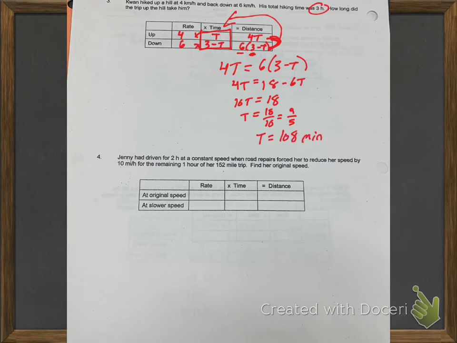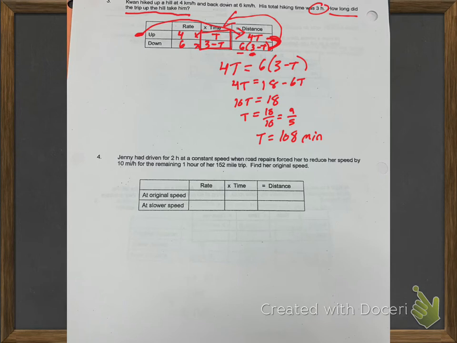And then the question is asking, how long did the trip up the hill take? So what I need to do is just go to whatever equation I have for up, and I can see that it's 4 times T. So 4 times 108. Or actually what you can do, I forgot to do this, sorry. It's 108 minutes, so to put this into hours and such, you could do that right away, but it's easier if you just do the 108.